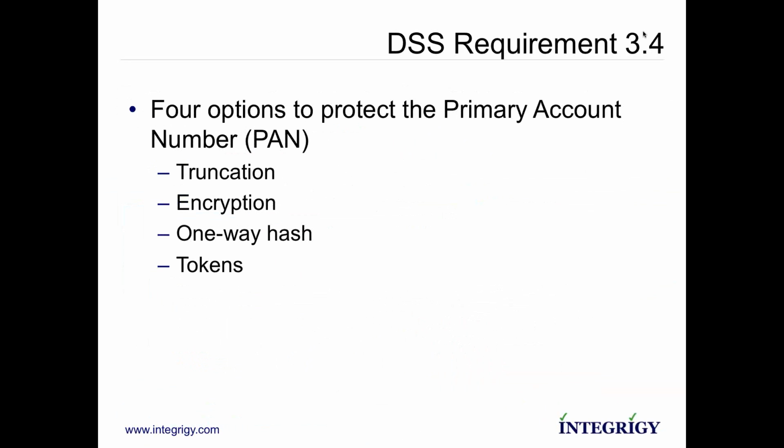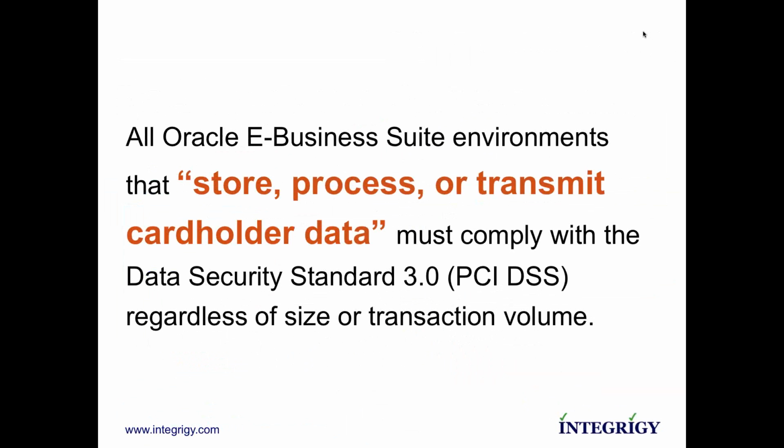We'll get to test and development a little deeper into the presentation here today. Outside of truncation, there's encryption, hashing, and then finally tokenization. The bottom line is that whether or not you have 1 credit card stored in your EBS environment or you have tens of thousands of credit cards being processed, the PCI DSS standard applies equally.